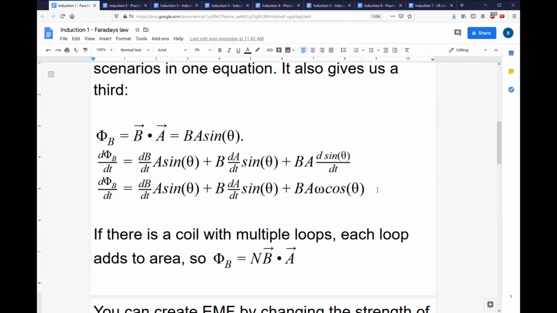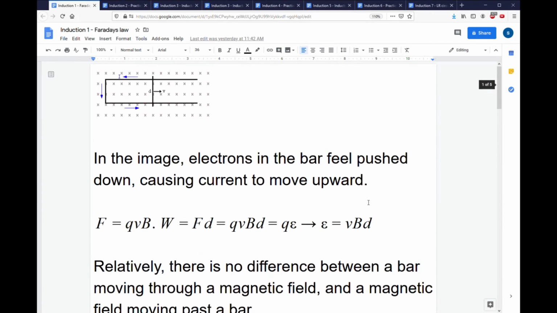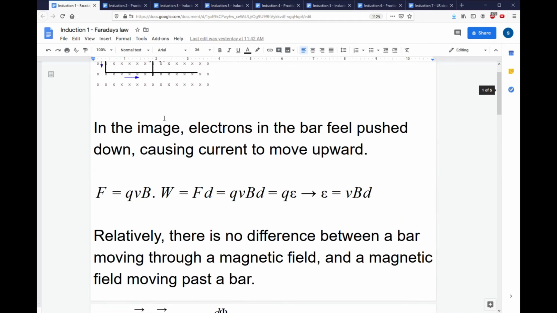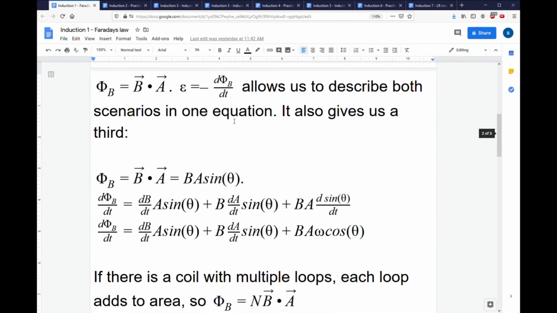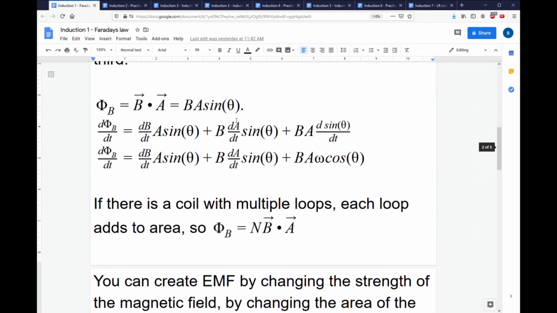Now, I mentioned a coil of wire. Coils can have multiple loops. And if you take a single loop, it creates a certain electromotive force. Consider if you take a bunch of batteries and hook them up together in series, the net voltage is the sum of their individual voltages. So you get a similar effect by having multiple loops in a magnetic field.